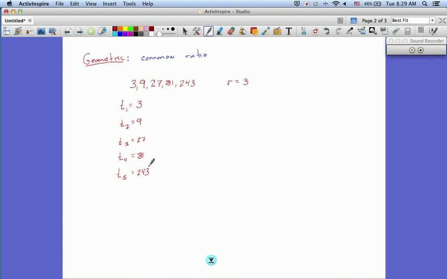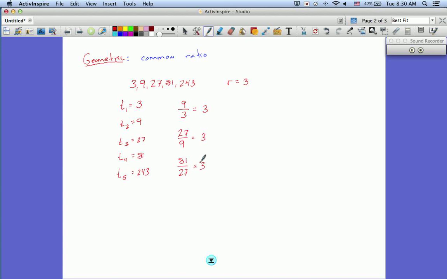So again, if I'm looking at consecutive terms, I can clearly see that from the first term to the second term, I got there by multiplying by 3. From the second term to the third term, again, multiplying by 3. 81, the fourth term divided by the third term, is 3.